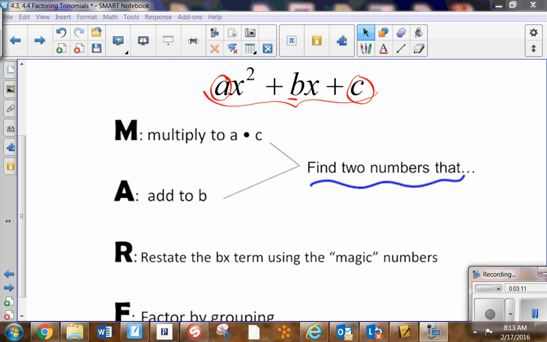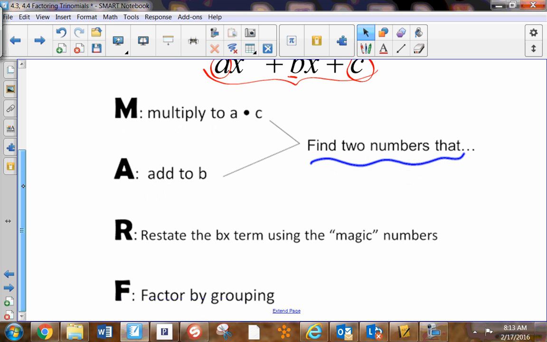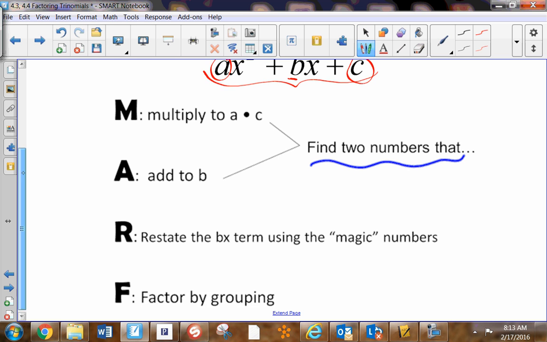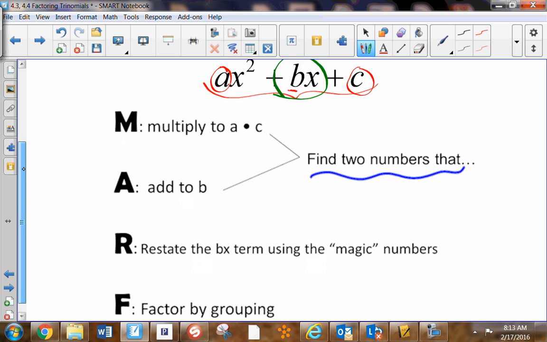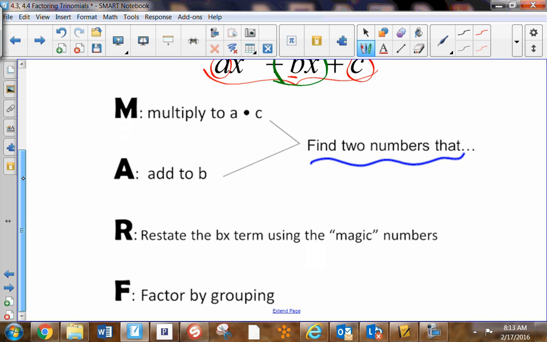So what are we going to do with those magic numbers? You're going to restate the middle term, the Bx, with those 2 magic numbers, and then you're going to factor by grouping.